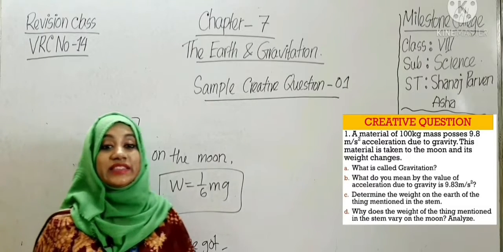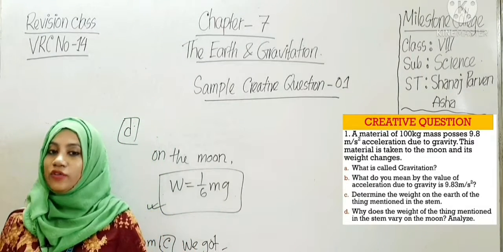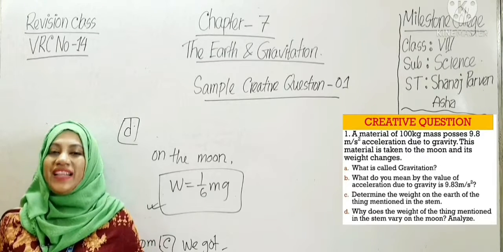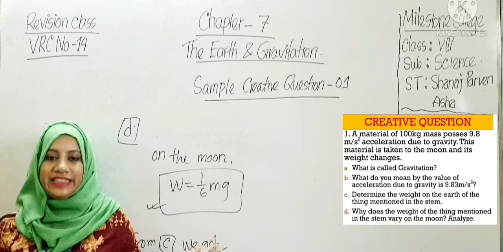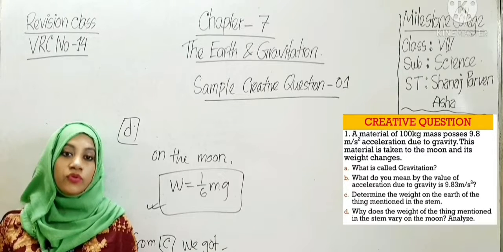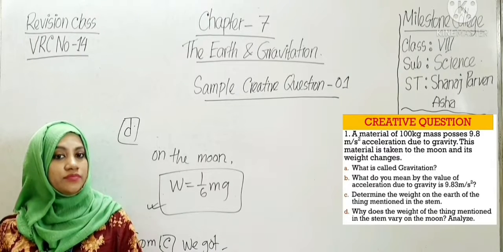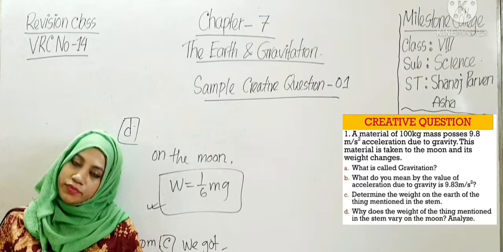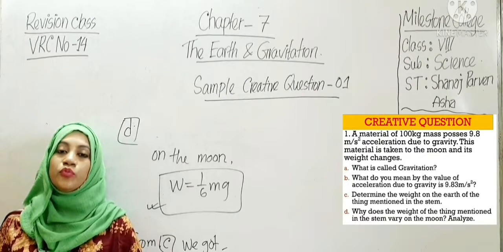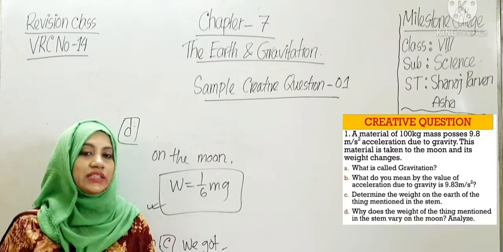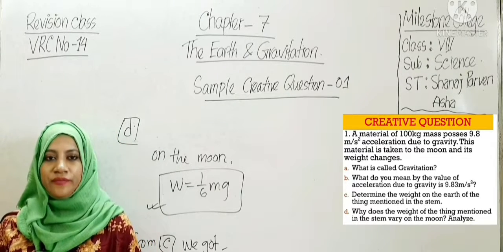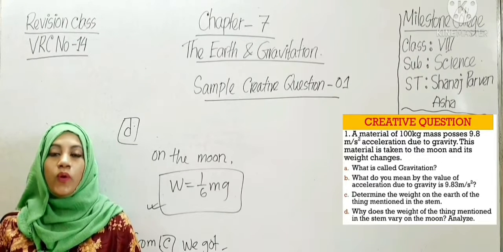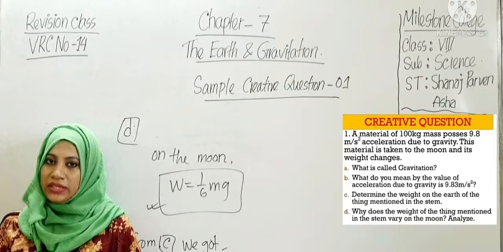So why does it change? You have analyzed that it has changed. You have shown mathematically that it has changed. Now you have to discuss a bit. What will you write as discussion? Because the size of the moon compared to the earth is very small, it is 1 by 6 of the earth.